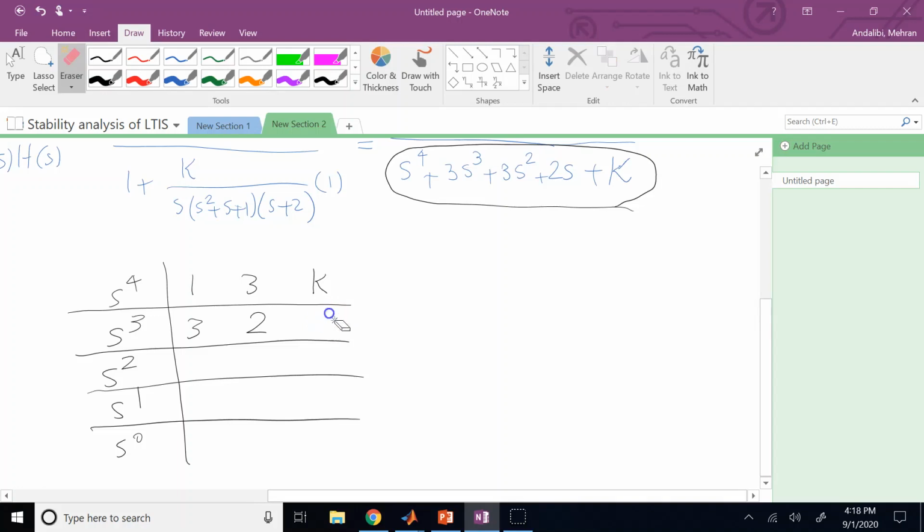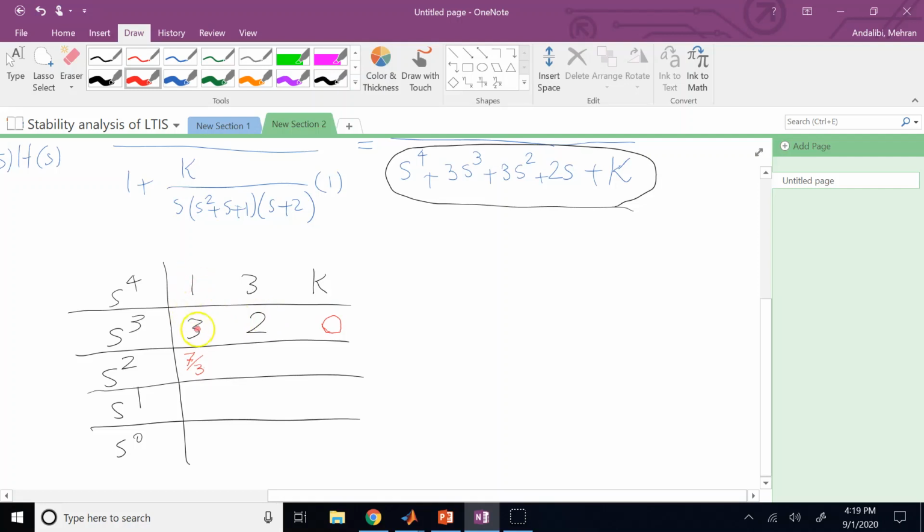Let me use a different color so that you know that's not from the coefficients, we artificially added it. Now we come to here. It is going to be 3 times 3, 9, minus 2, which is 7, and then divided by 3. So it is 7 over 3.